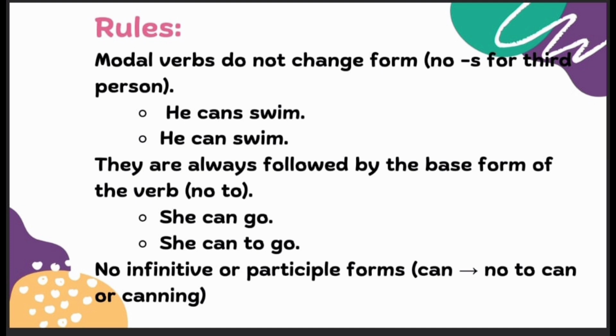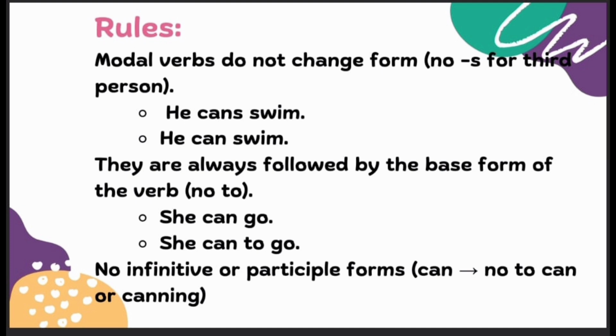Modal verbs are always followed by the base form of the main verb. This means the verb that comes after a modal should not have s, ed, or ing. So these different forms we cannot use with modal verbs. We have to use only the base form whenever we are using modal verbs in a sentence.